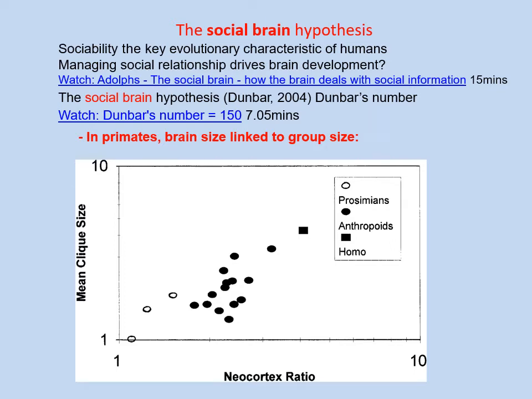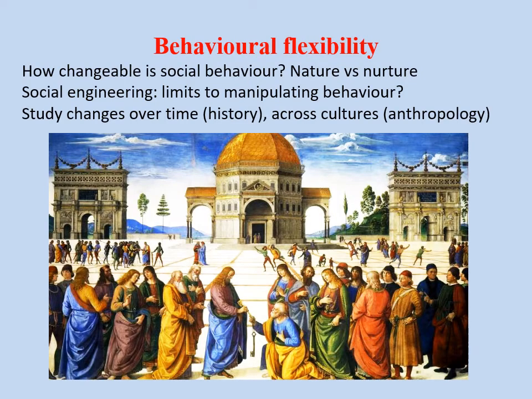This seems to be the magic number that the human brain is capable of remembering, integrating, and interacting with. So if human social behavior has such a strong biological and evolutionary determination, an interesting question arises.